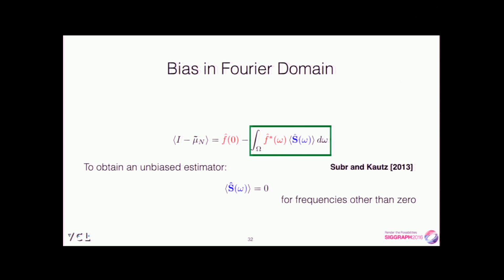So if you derive the Fourier sampling spectrum for your sampling pattern, you don't need to worry about the complicated expression. Just look at, is there energy outside DC? If yes, then it doesn't satisfy this. That doesn't mean it's biased, but it's not obvious that it's unbiased. Whereas if it satisfies this, then it doesn't matter what else, you can say it is unbiased. Okay.